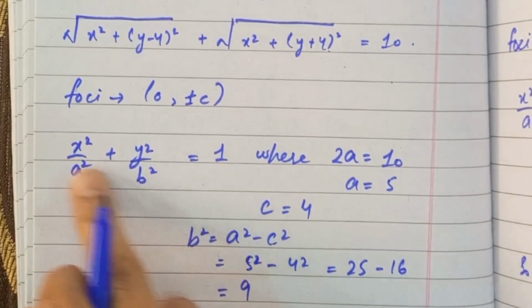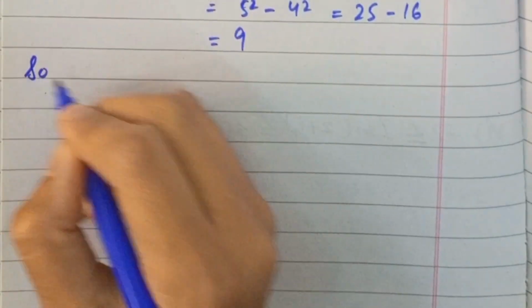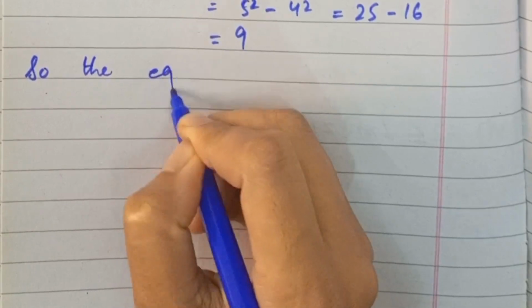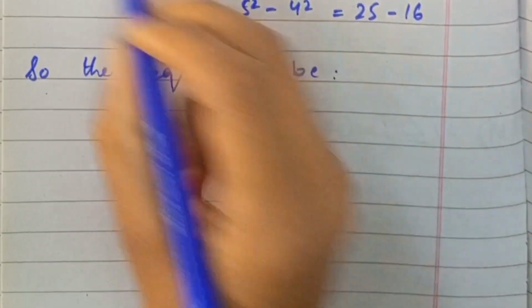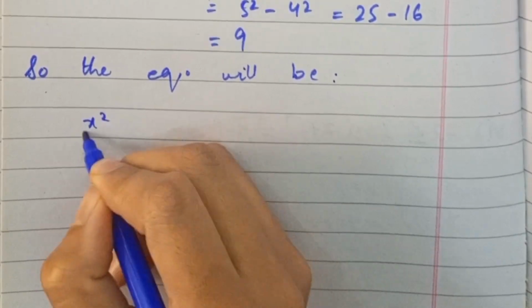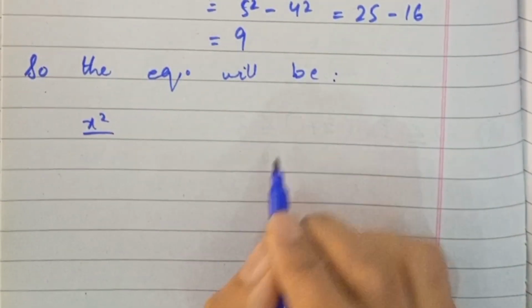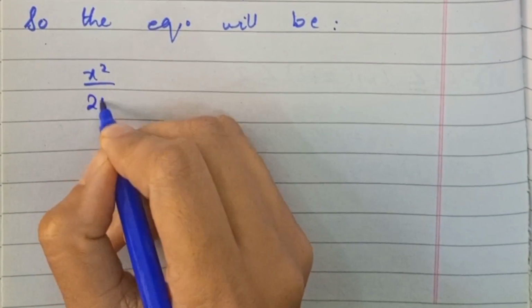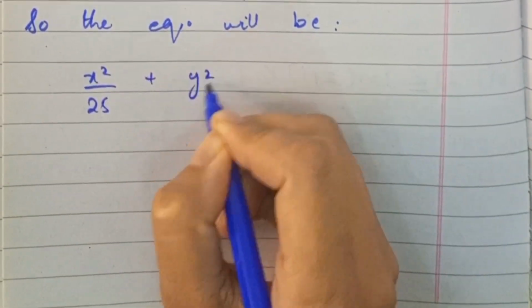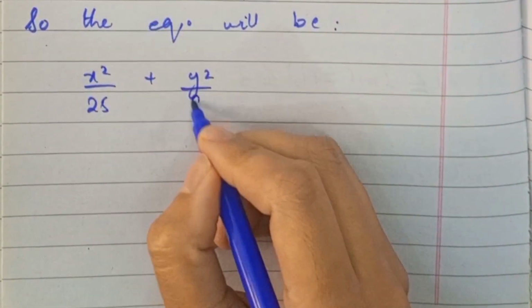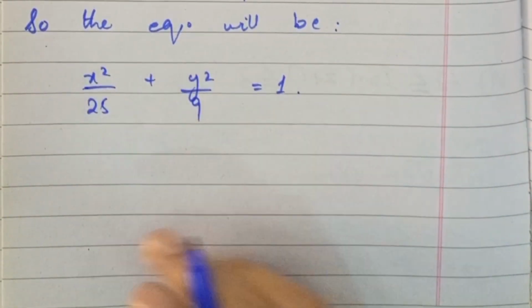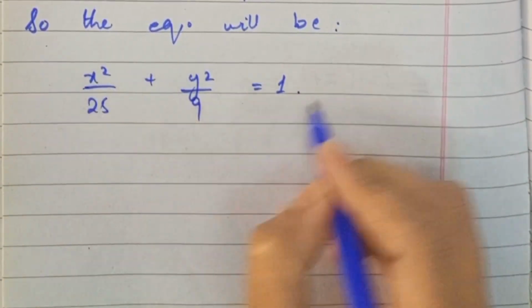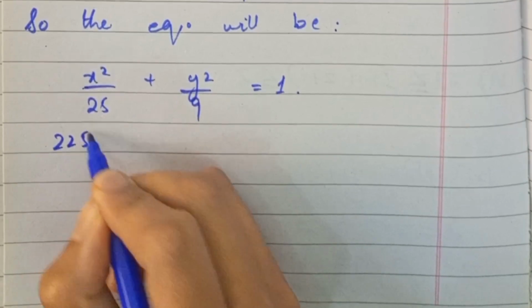So when we put these things in, the equation will be, put it here, x square divided by a square. Instead of a square we will write 25. Instead of b square we will write 9. And now, reaching the answer which we have in the book, we will multiply the whole equation with 225.